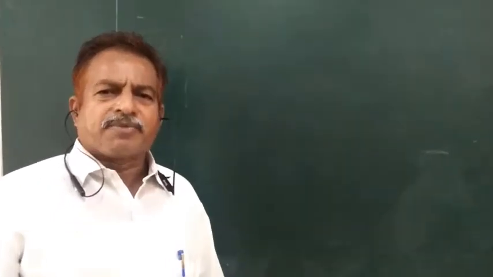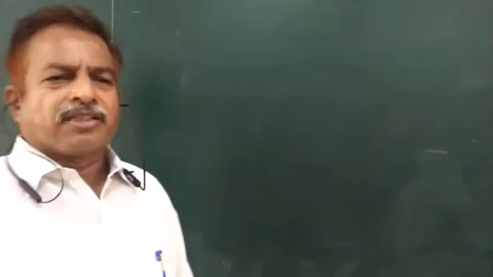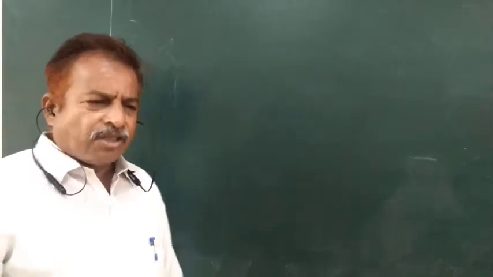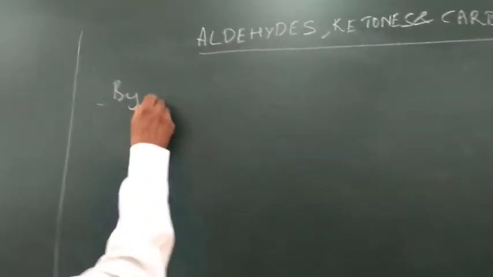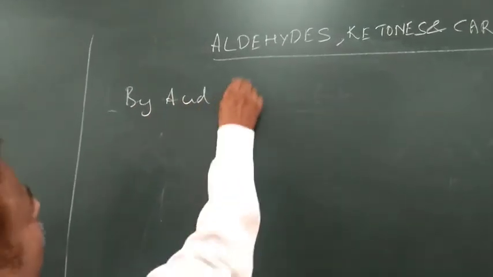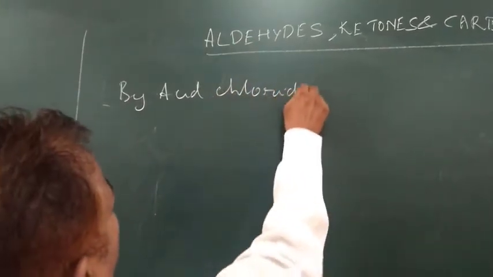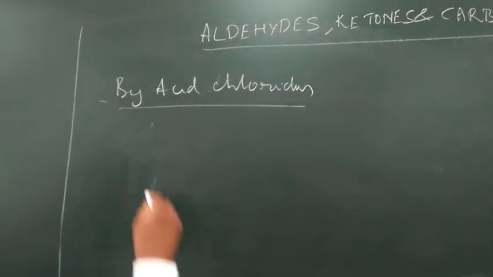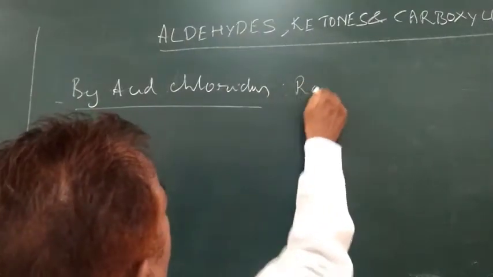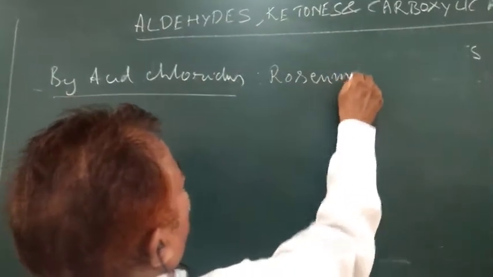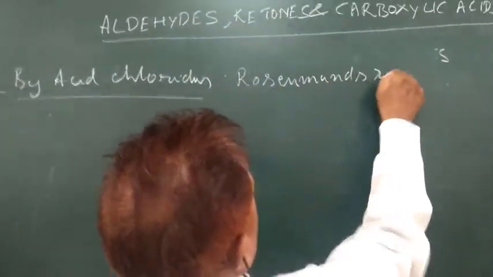The reaction proceeds and further oxidation takes place, so we do not get aldehyde. Now to stop at the aldehyde stage, we have other methods, that is by acid chlorides. The first one is Rosenmund's reaction.